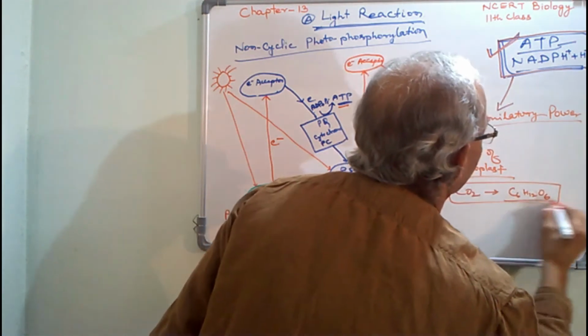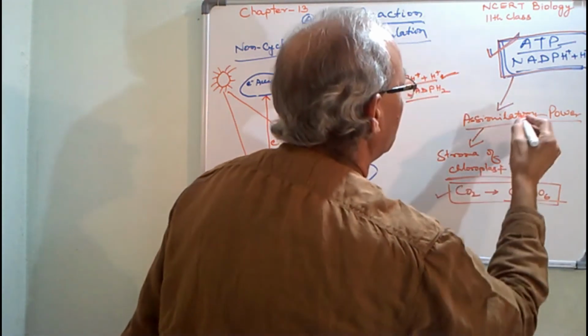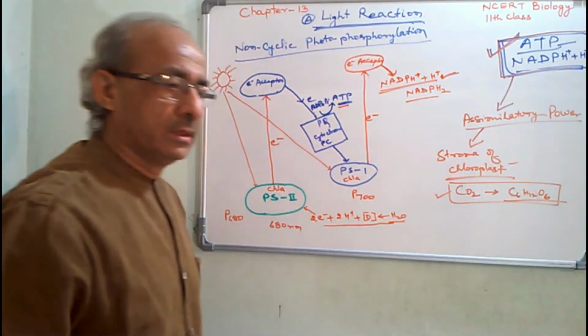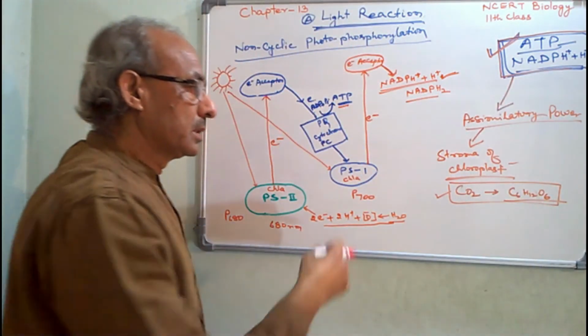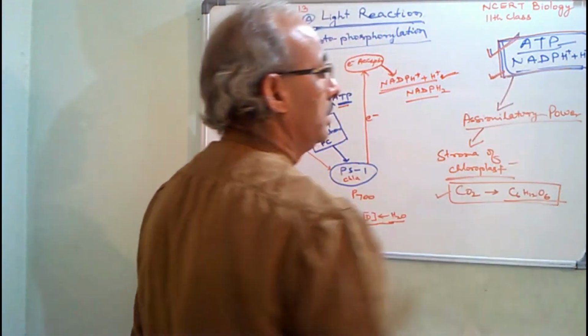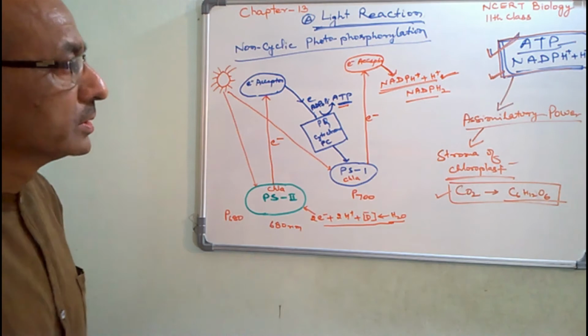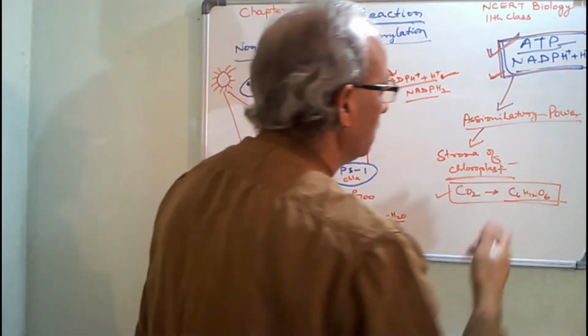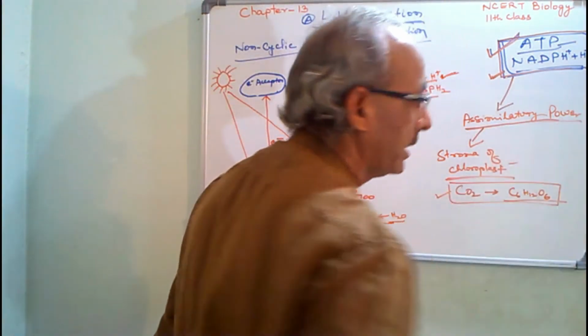Biosynthesis of glucose or carbohydrates takes place in the stroma, and in reduction of carbon dioxide, they are the main factors. So they are called assimilatory power or reducing power.